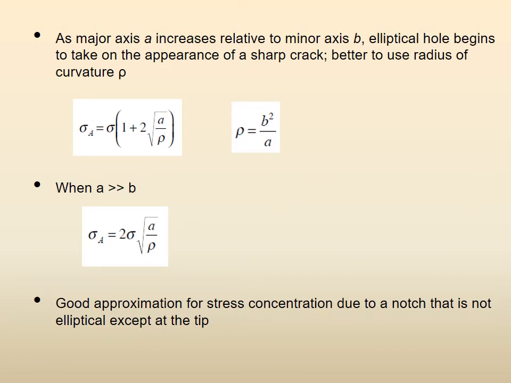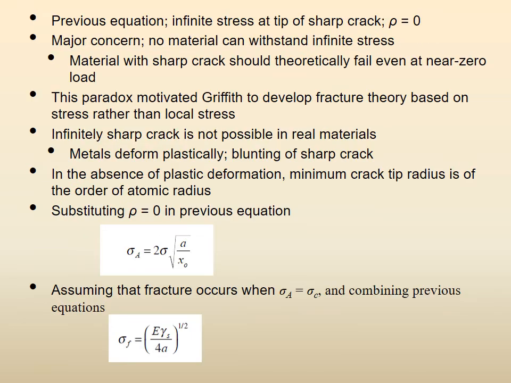We further built up the equations involving the radius of curvature at the ellipse tip, rho, and other parameters. We discussed that if there is a very sharp crack, then the radius of curvature is almost zero and therefore there will be infinite stress. So what should be the other approach?